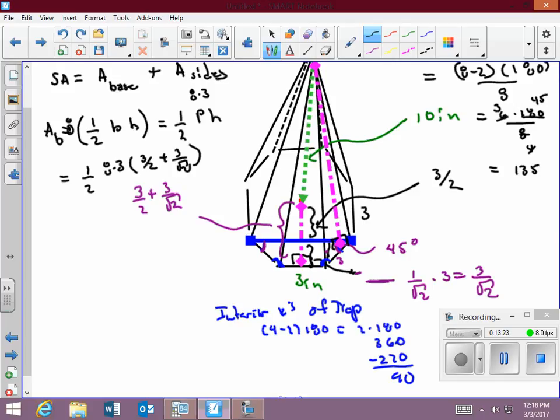There's that green height, and then 3/2 plus 3 over the square root of 2 is the other side of it. So we can find that purple length, this length right here, by doing the square root of that middle height, 10, squared plus 3/2 plus 3 over the square root of 2, that quantity squared.